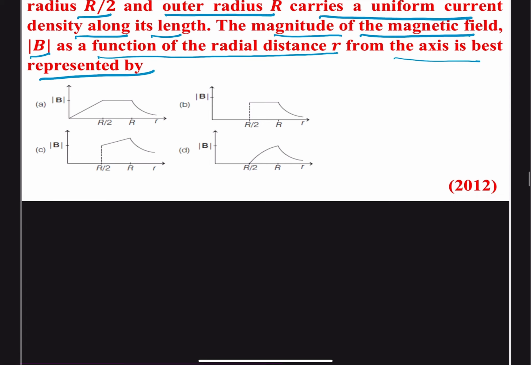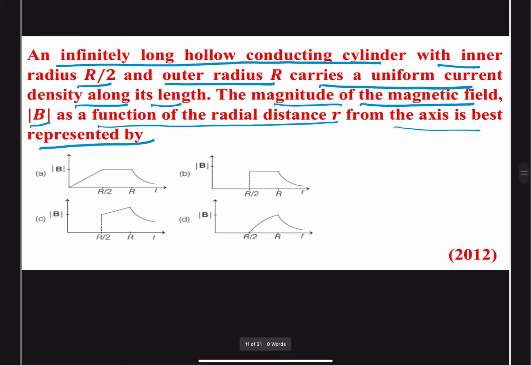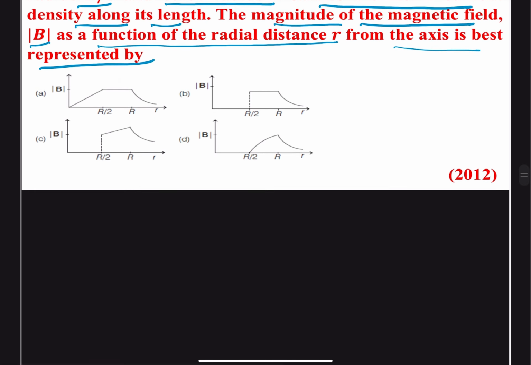So in this case, we are given a hollow cylinder. So from the top view, we can draw the approximate figure. So it is going to have inner radius, and that radius is our R by 2, and we have outer also because it's a hollow, and this radius is given as capital R.